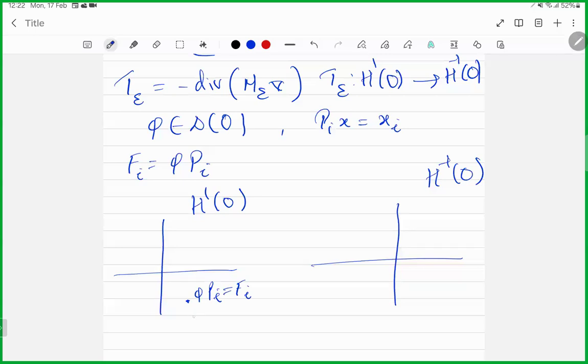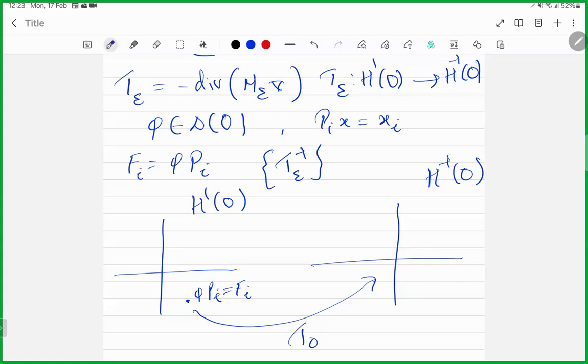From here to here, I go via T epsilon inverse, because of the coercivity of A epsilon and hence M epsilon and so on. You can show that T epsilon inverse converges in the weak operator topology.